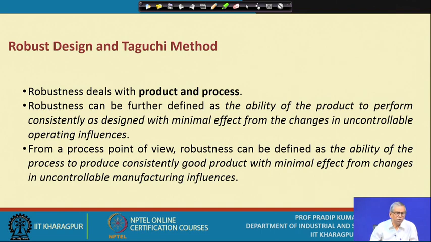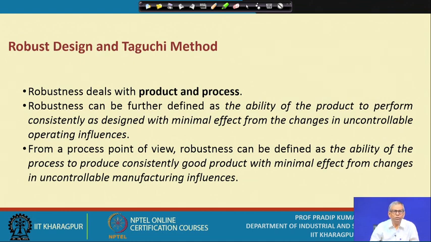And the robust product you can create only when you are aware of the characteristics of a robust design. So that means robustness deals with the product and the process both. It's not only that you say the product is robust, you also must say that the machine and the process I am using are also robust.